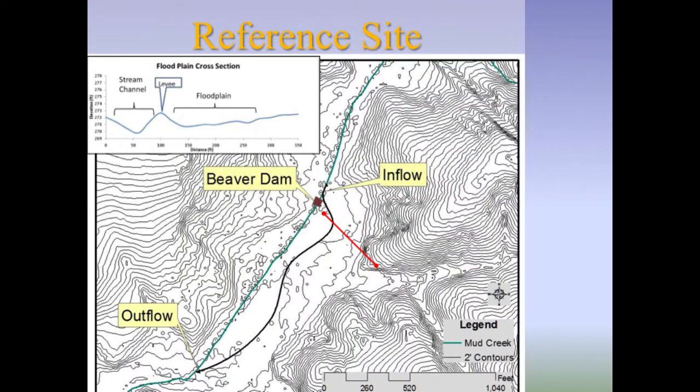What ended up happening is that just upstream of the beaver dam, we had water being pushed out of the stream channel and up onto the floodplain, creating a second flow path across the floodplain, and eventually coming back into the stream channel downstream after spreading across the floodplain, having some water quality benefits.